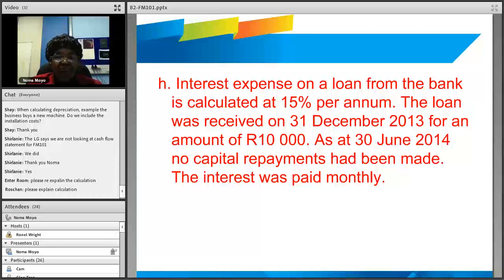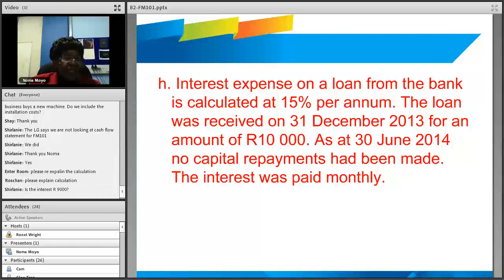How do I know it's half a year? They say the loan was received on 31 December. So it's only been there for January, February, March, April, May, June, which is 6 months. So the interest is going to be 750.